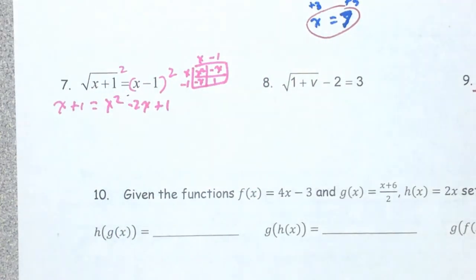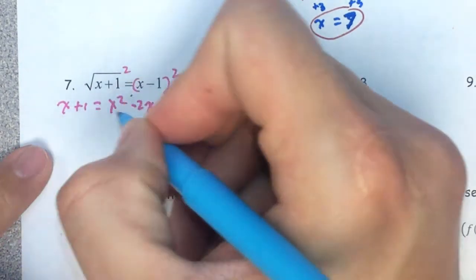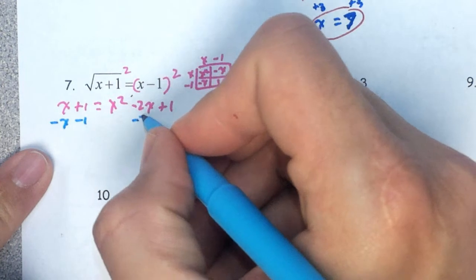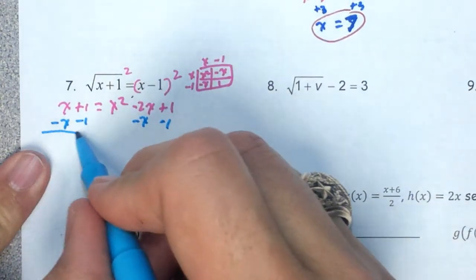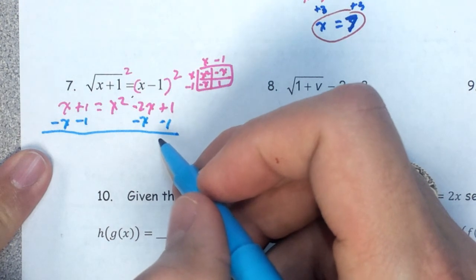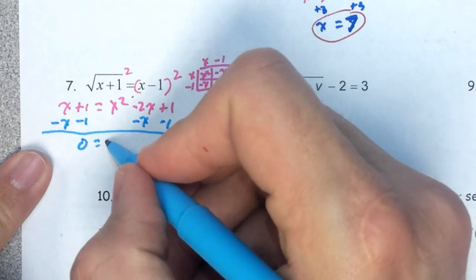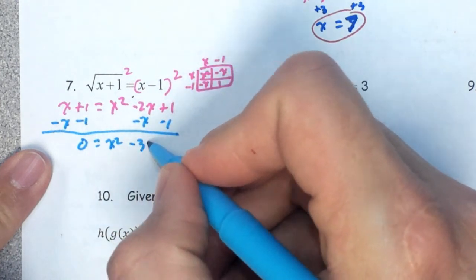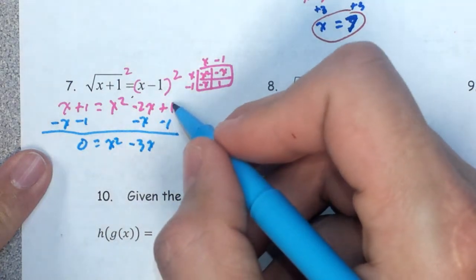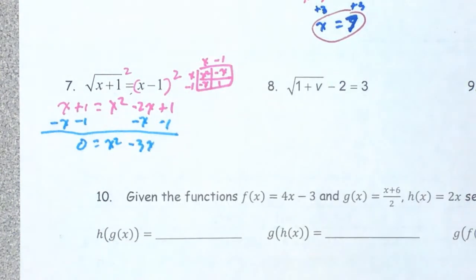If I have a quadratic, I have to move everything to the side where the x squared is. So minus x minus 1, minus x minus 1. I line everything up. I get 0 is equal to x squared minus 3x. And there's nothing here because 1 minus 1 is 0. So that's my quadratic there.